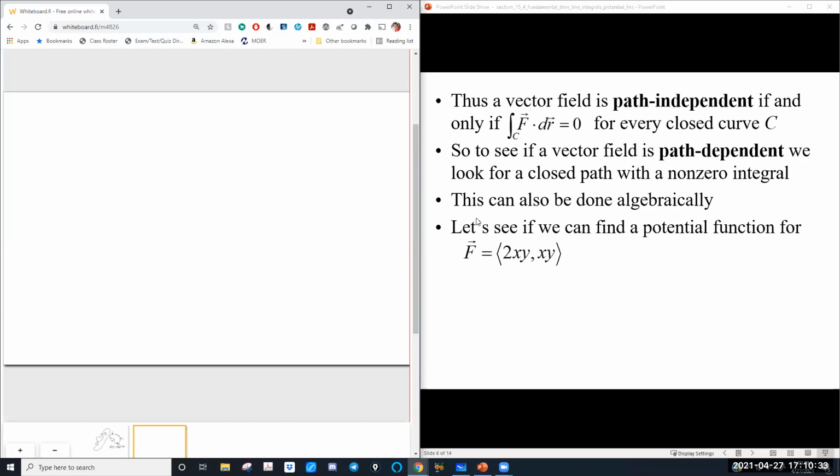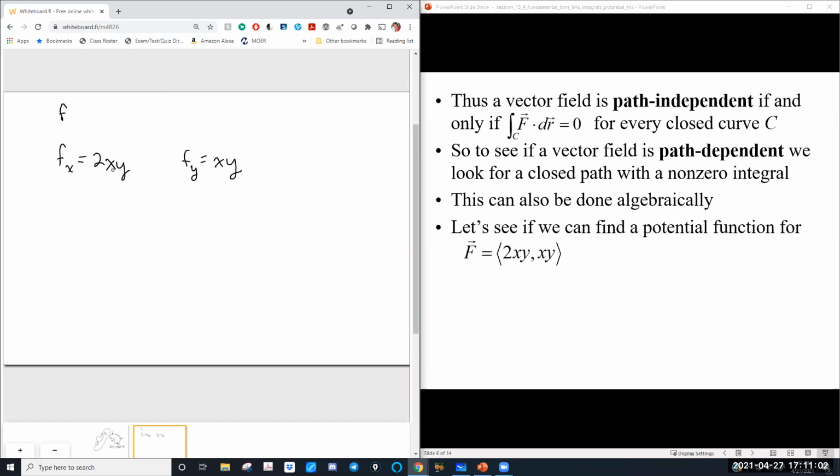So one way of going about this is to take our vector field. Now, what would this be saying if it has a potential function? This is saying that f sub x equals 2xy and f sub y equals xy. So if we were looking for a possible potential function, we look at possibilities from both partials.